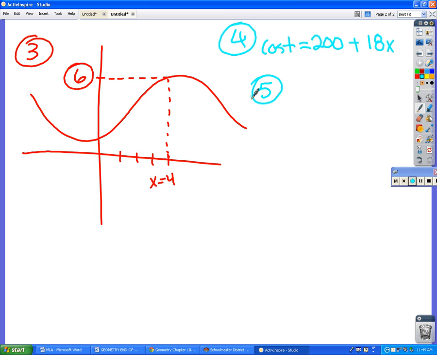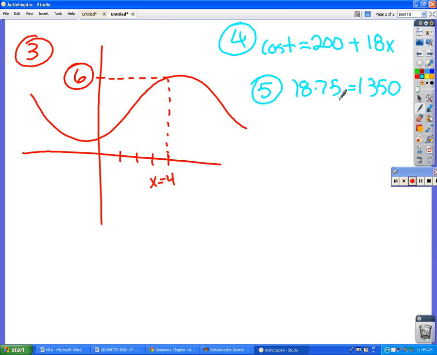Then for number 5, it says find the cost of catering the party for 75 people. So what do I do with that? Okay, I'm going to go 18 times 75. So that's how much it's going to cost because it's $18 per person and there's 75 people.